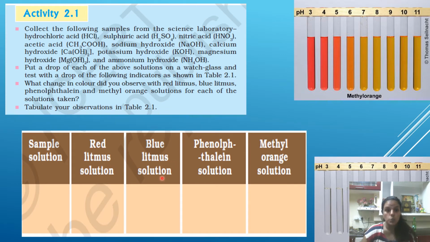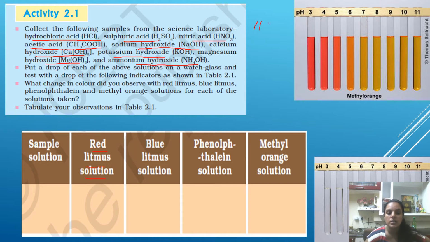In this activity you are provided with hydrochloric acid, HCl, then sulfuric acid, H2SO4, nitric acid, HNO3, acetic acid, CH3COOH, sodium hydroxide, NaOH, calcium hydroxide, Ca(OH)2, potassium hydroxide, KOH, magnesium hydroxide, Mg(OH)2, and lastly ammonium hydroxide, NH4OH. And also you are provided with the red litmus solution.